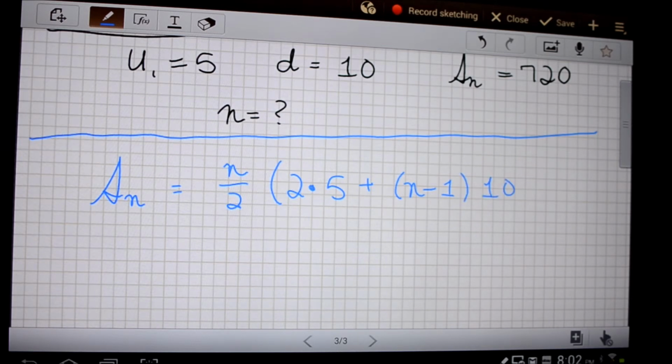Oh, but we do know Sn. Sn is 720. There we go. So now what we have to do is find n. We just have one variable. That's a good thing. That means we have enough information to move on.